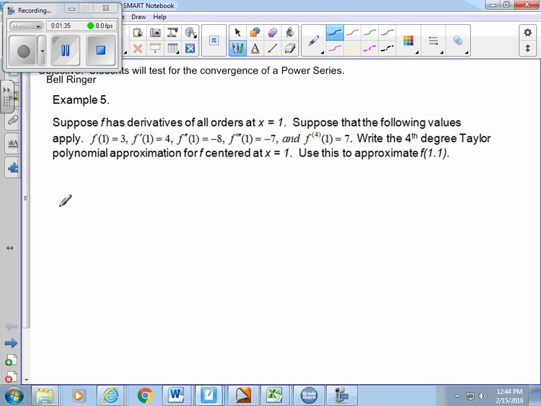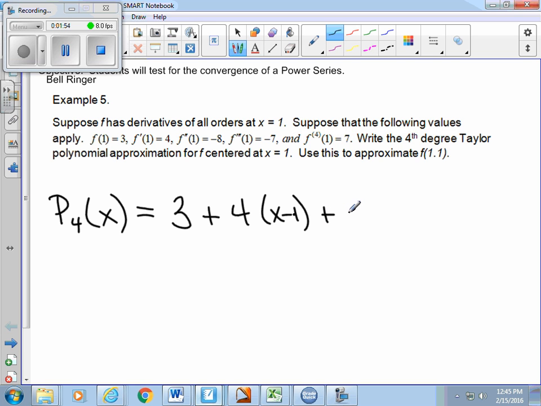The notation for that, as you probably figured out on the homework, is the fourth degree polynomial. 3 is first, plus or minus, since it's negative 8, x minus 1 squared over, plus. What's the only difference, really? You're just putting in the x minus 1. Instead of just x, it's x minus 1 in parentheses at each term.